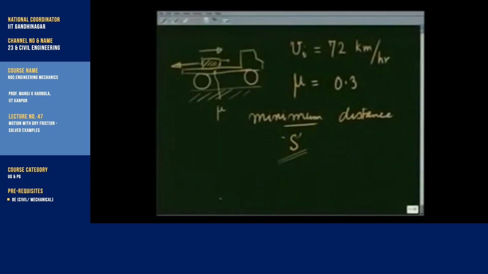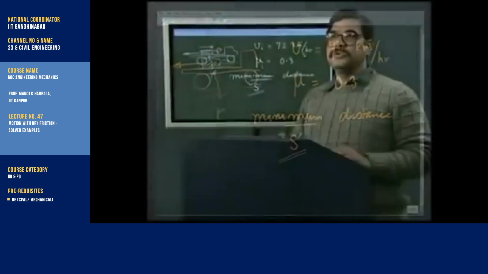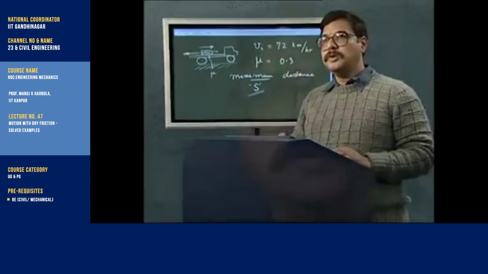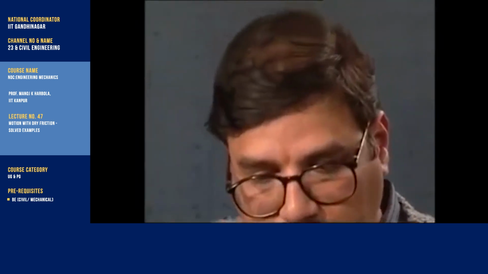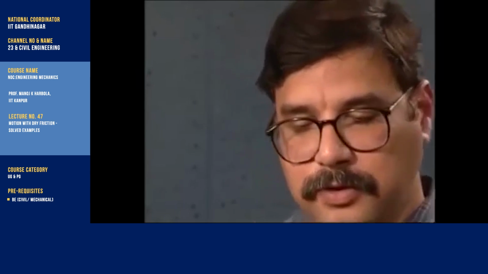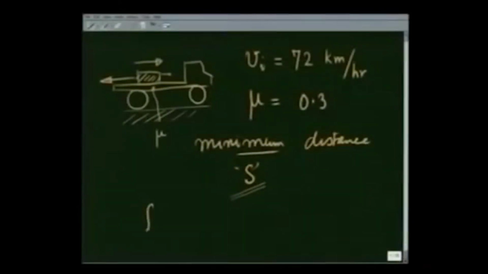Obviously, when the truck slows down, I need the box also to slow down. It should not happen that the truck slows down faster than the box can slow down. If that happens, the box will start sliding. So, the maximum deceleration on the box that I can have is F max, the maximum friction, divided by the mass of the box.